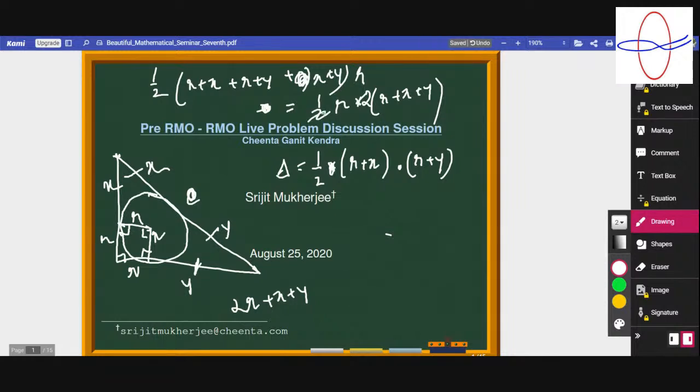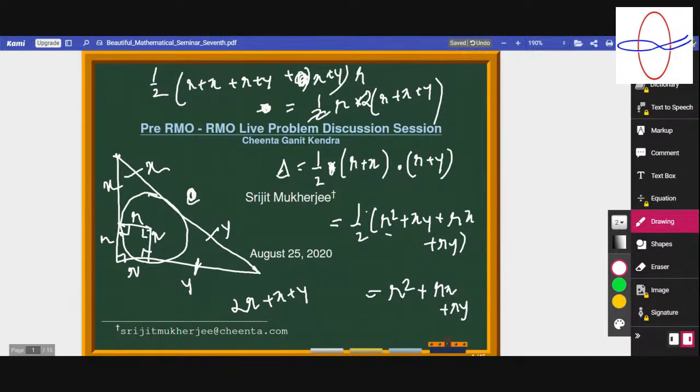Okay, so you get this cancelled out, and what you get over here is half R square plus XY plus RX plus RY equal to R square plus RX plus RY.